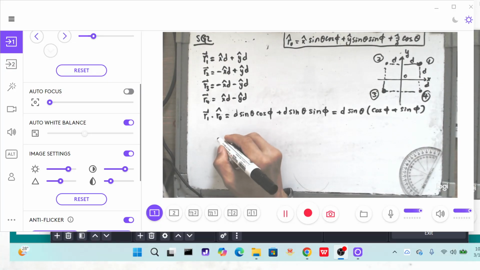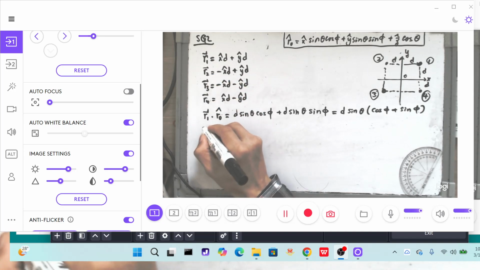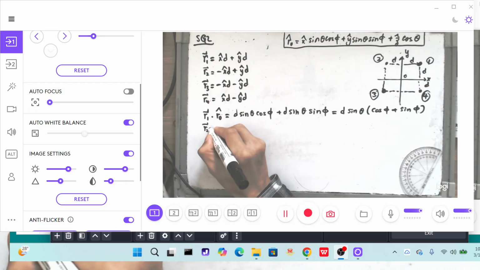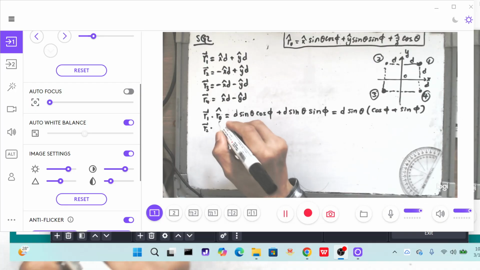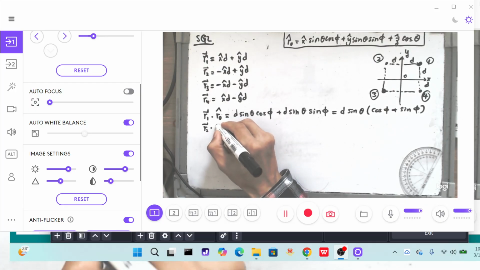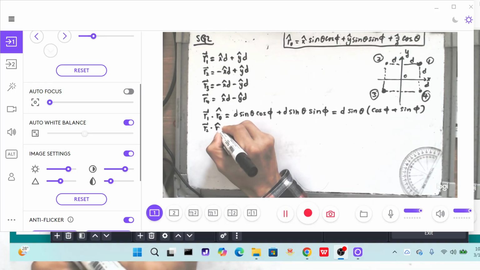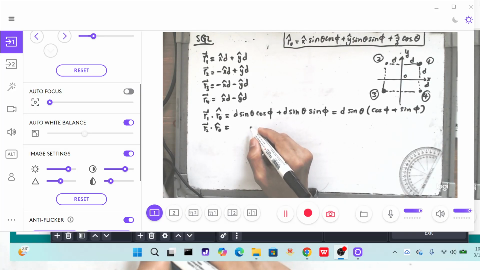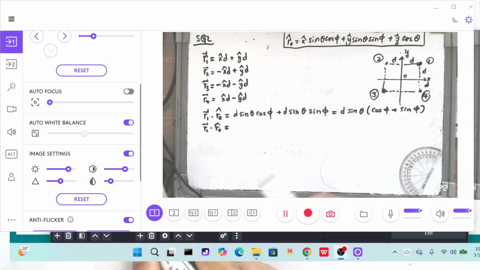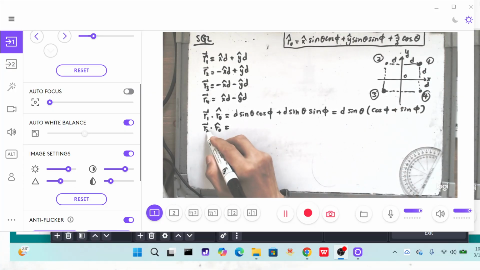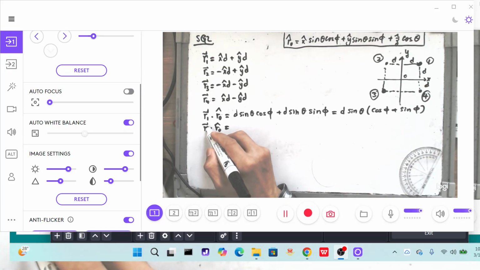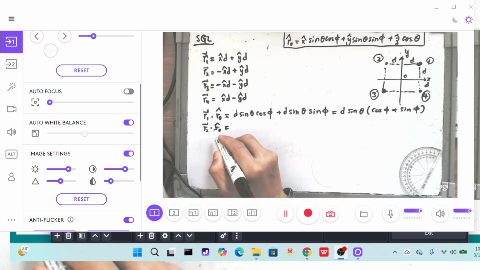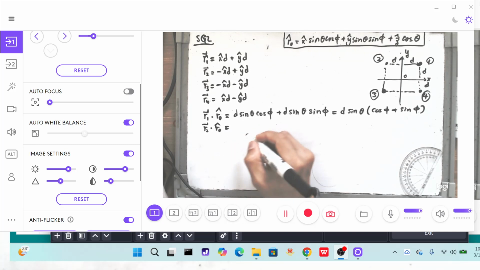Now let's take a look at the second antenna. Its projection in the direction of propagation can be written as, I should say, the vector projected to the direction of propagation is vector r2 dot product with r hat naught.